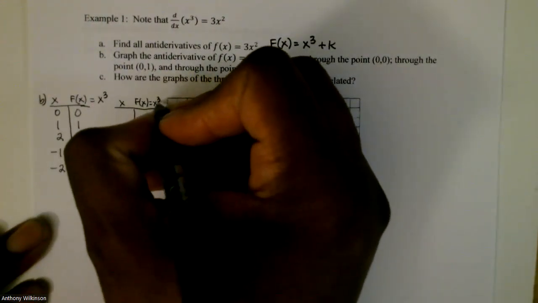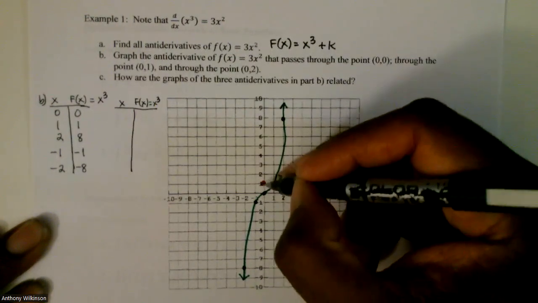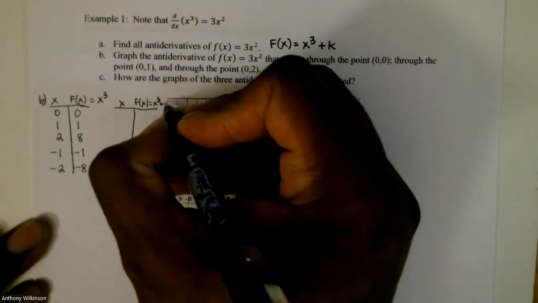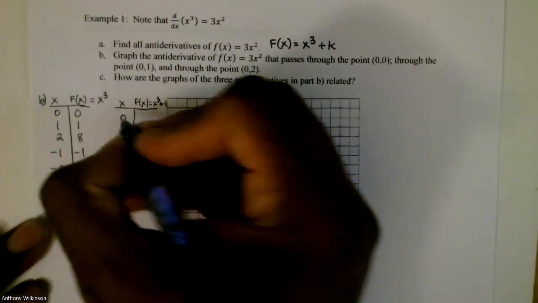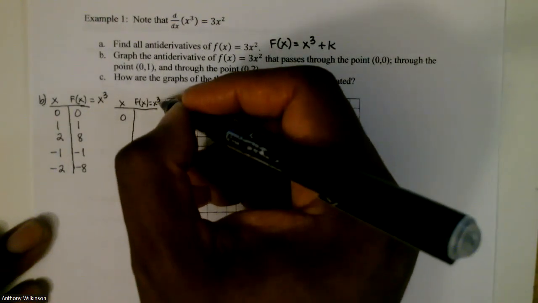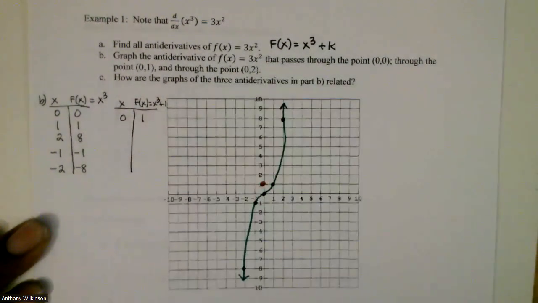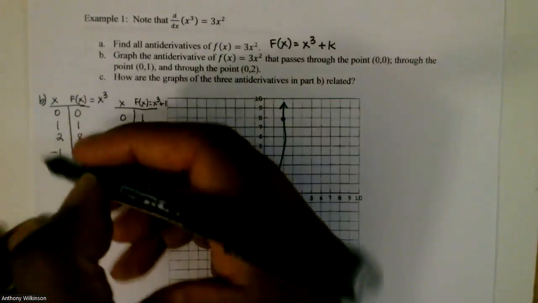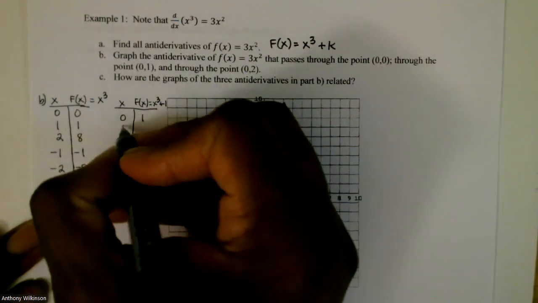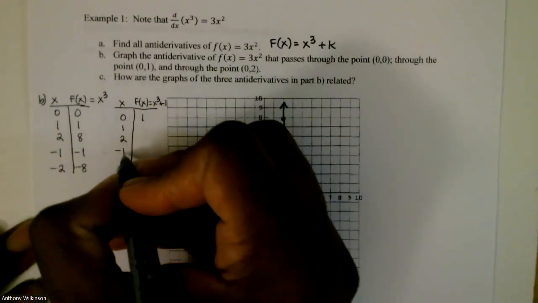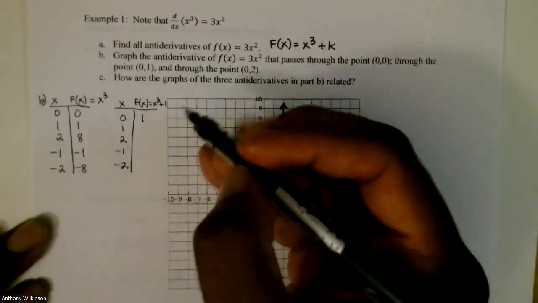That's going to be x cubed, but notice it's moved up 1, so that means it'll be x cubed plus 1. Because for x is 0, 0 cubed will be 0 plus 1. That will be 1. And I'm going to use these same x values here, 1, 2, negative 1, negative 2.